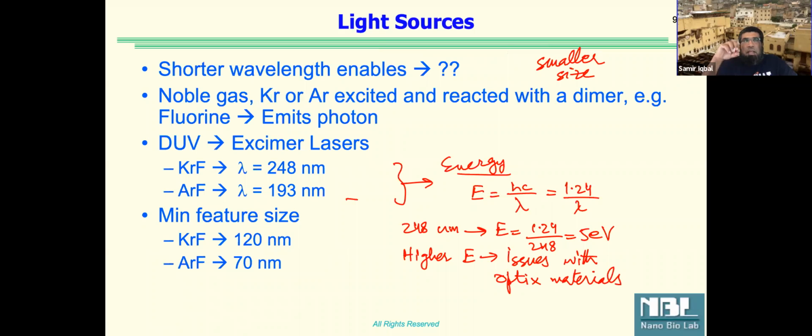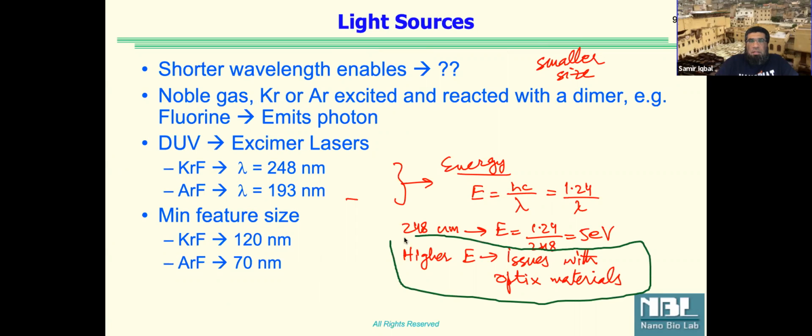It starts making the lenses thicker or denser. So higher energy is a problem because it causes issues with the optics materials. Remember, we are talking about optical lithography, using light and using lenses to focus the light to do lithography. So shorter wavelengths are good to make things smaller, but then we start getting into energy troubles.